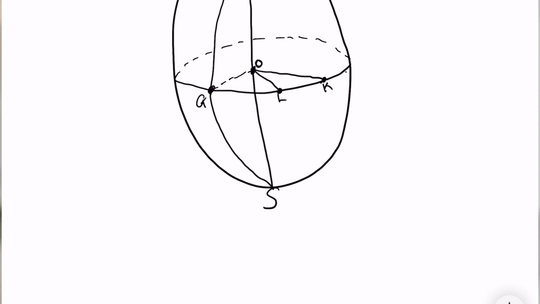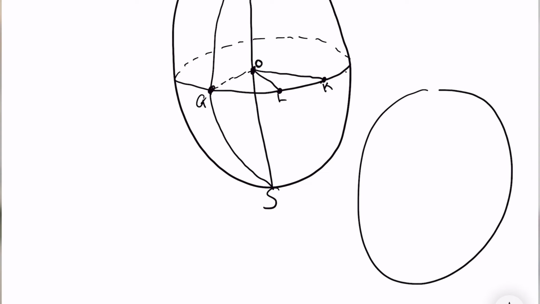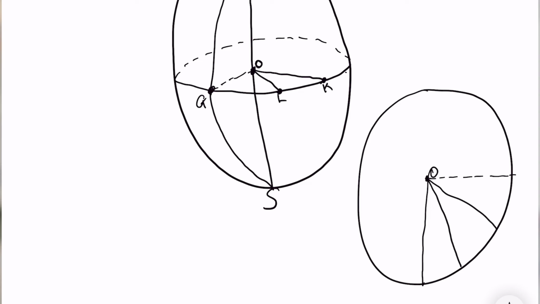So bringing this one out, we have our circle, and once we have our circle, we have our point O. And here is our 32 degrees, we have our 32 degrees around this part.